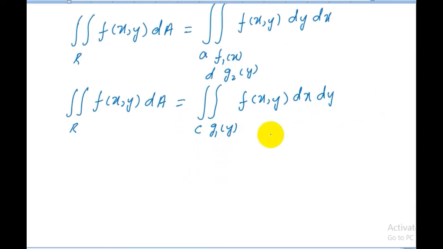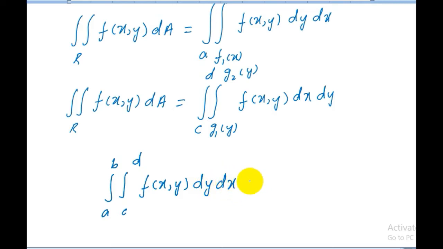Remember, we can interchange these two integrals by the relation, as we know that integration a to b, integration c to d, f(x,y) dy dx can be written as integration, first I take the integral c to d, then a to b, f(x,y).